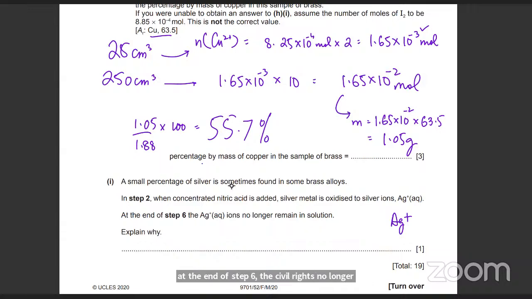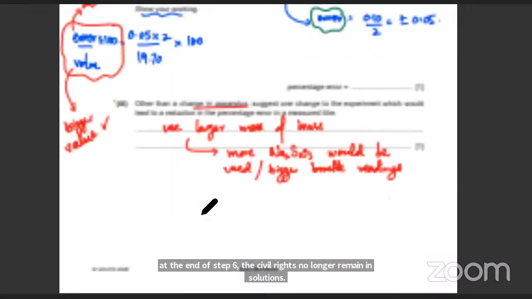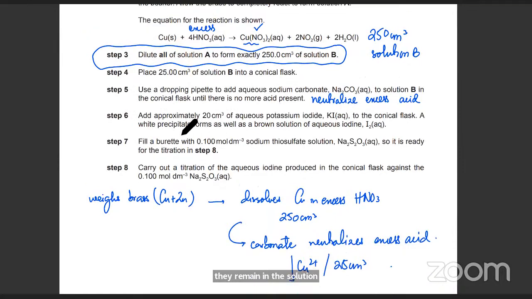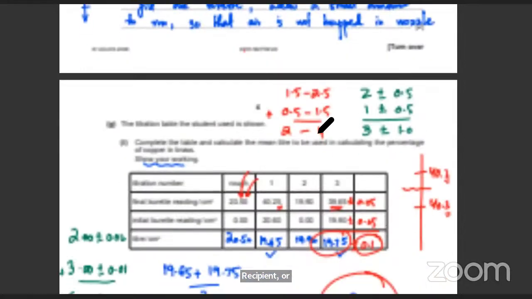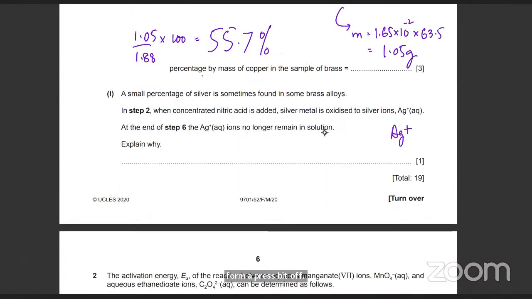Why don't they remain in the solution in step 6?